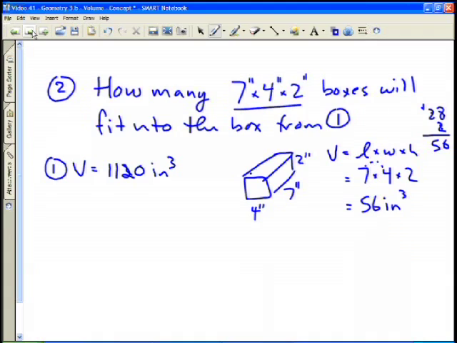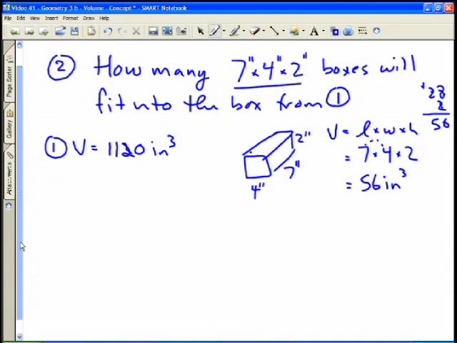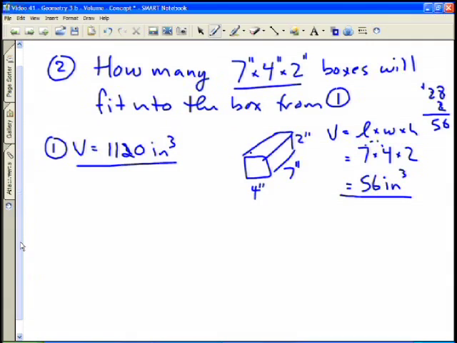And so now we need to find out how many of these smaller boxes will fit. And so we know that the total volume of our box is 1,120 cubic inches, and these smaller boxes are 56 cubic inches.